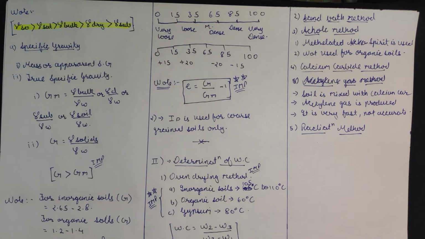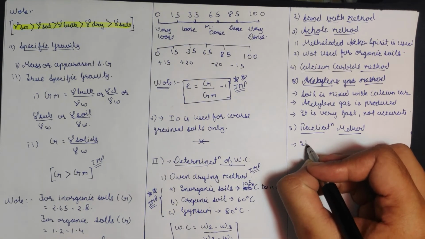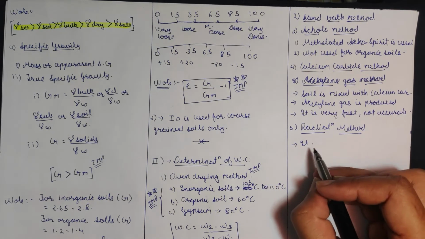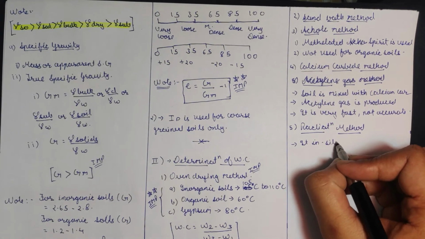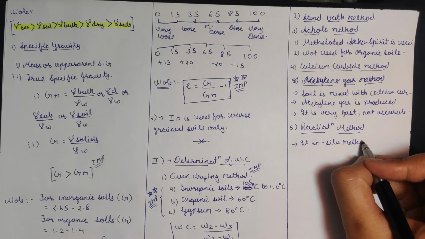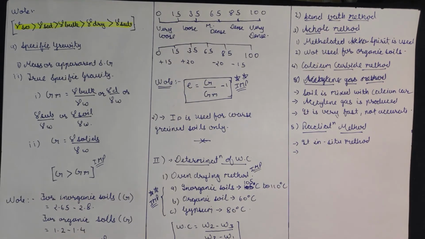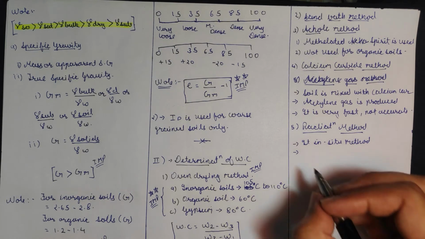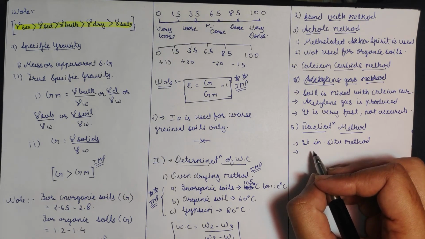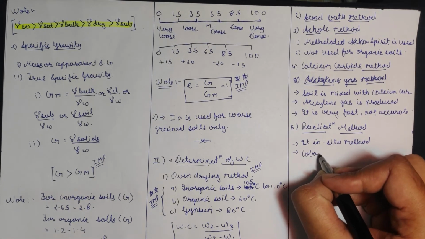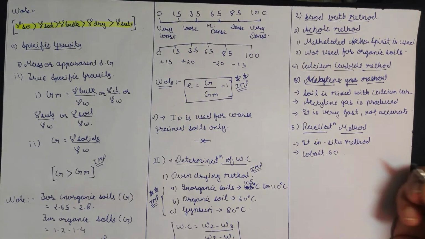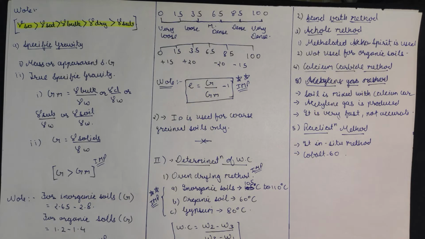The points we need to remember about the radiation method are that it is the only in situ method, meaning it is the only method that can be performed on site, and the radioactive material used in this method is cobalt 60. This radioactive material is used to find the water content.